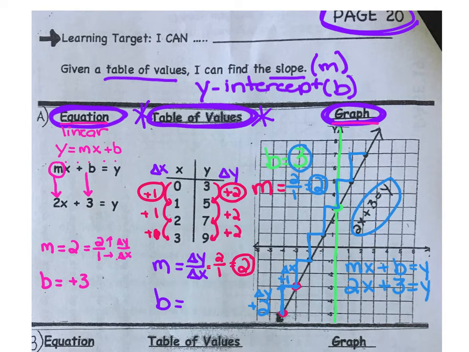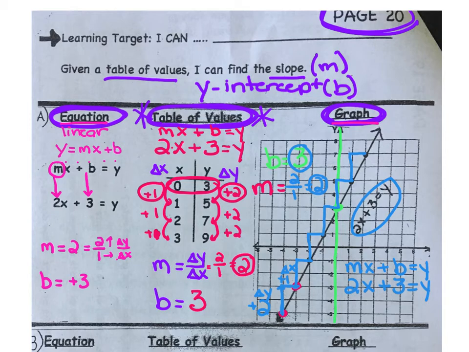As far as our intercept goes, we can find it right here at 0, 3. The point 0, 3 represents the y-intercept, so our value is 3. When we write the equation for this particular line represented by the table, it is a slope of 2 times every x plus an intercept of 3 equals y.